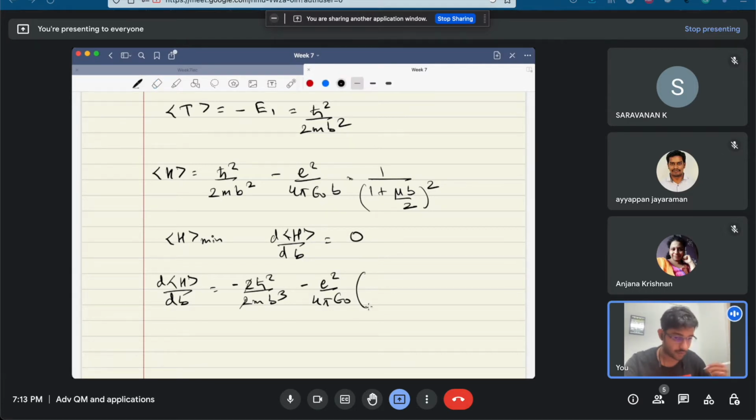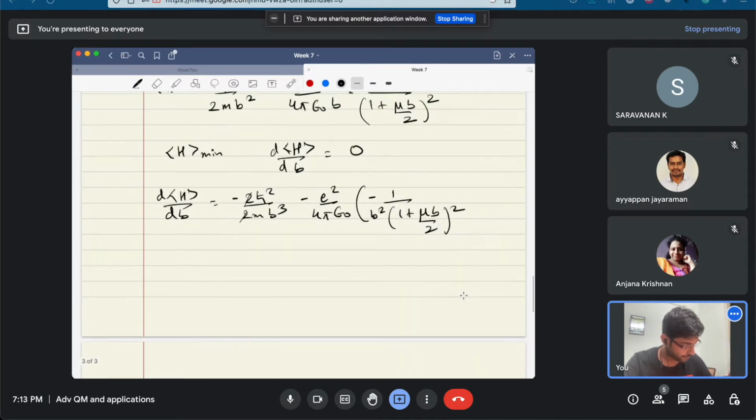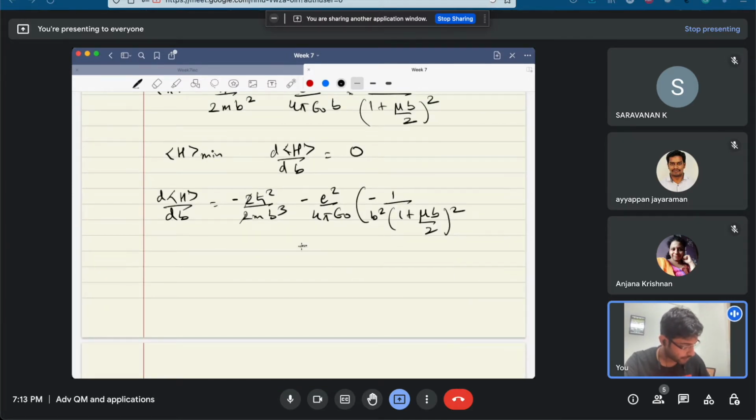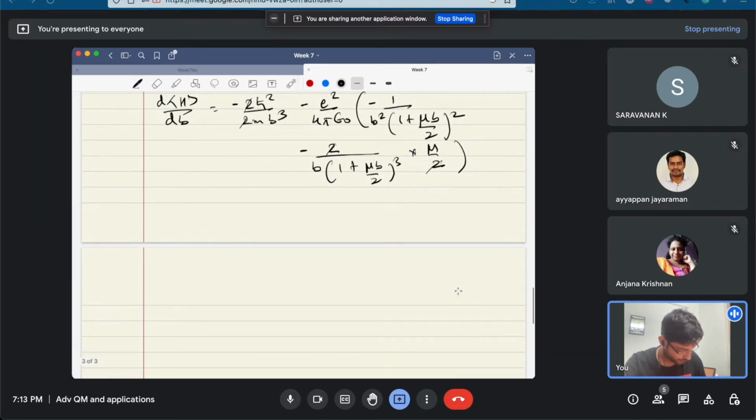First we do for the b, so we get a minus 1 by b square 1 plus mu b by 2 square, and for the second term we again get minus, there is a 2 b 1 plus mu b by 2 cube, and the coefficient of b is mu by 2. This gets cancelled out, and we end up getting this part.